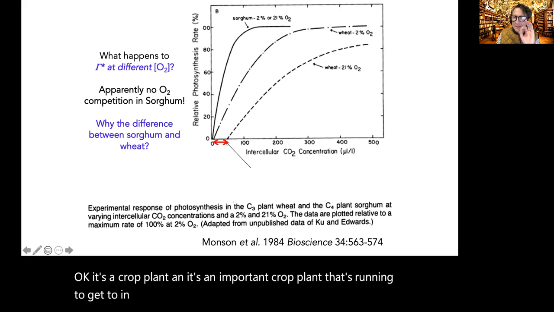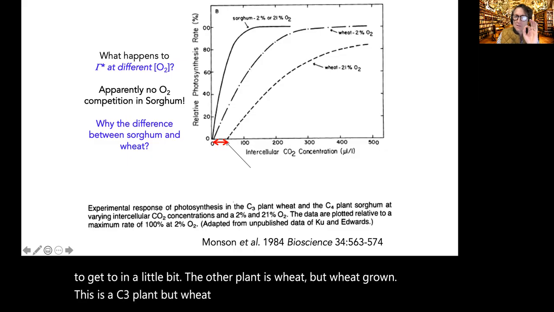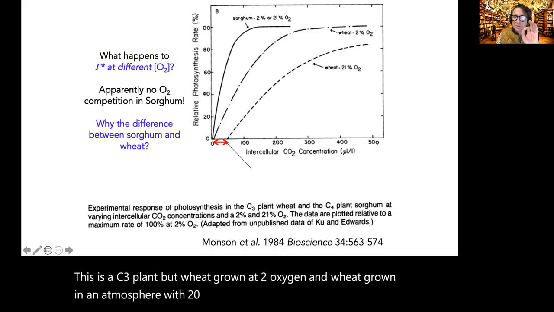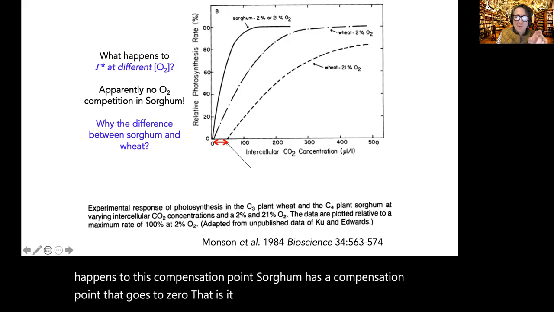The other plant is wheat, a C3 plant, but wheat grown at 2% oxygen, and wheat grown in an atmosphere with 21% oxygen, normal conditions. Notice what happens to this compensation point. Sorghum has a compensation point that goes to 0. That is, it can perform photosynthesis at really, really low concentrations of CO2.